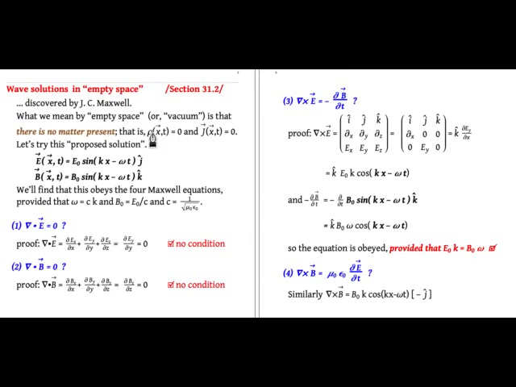So the charge density is zero and J is zero. Electric current comes from the motion of charged particles, but there are no charged particles in vacuum. So we're looking at Maxwell's equations with rho equals zero and J equals zero.